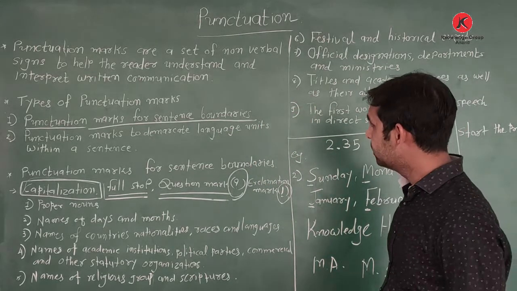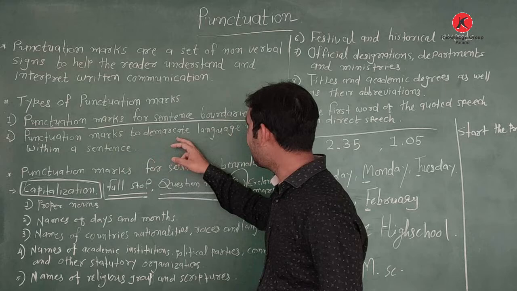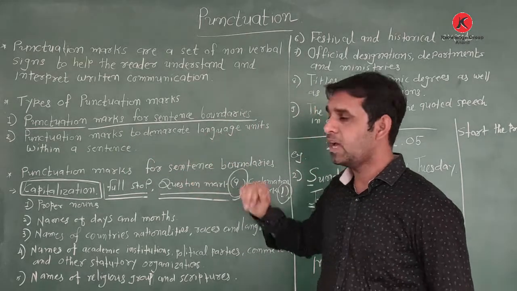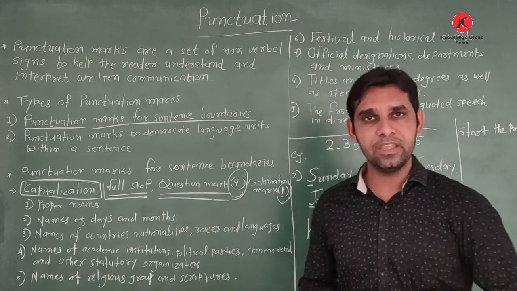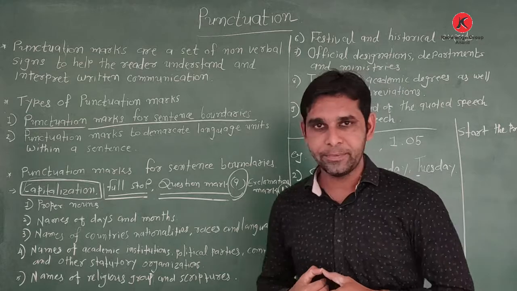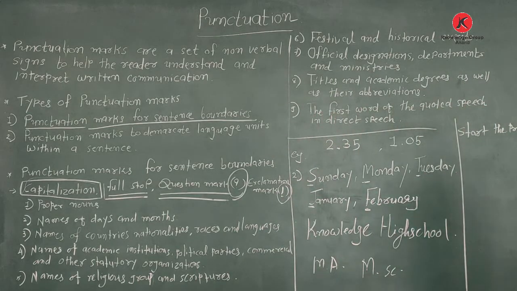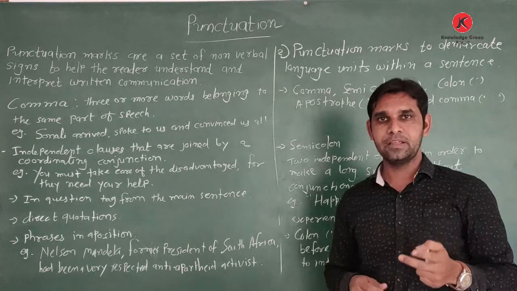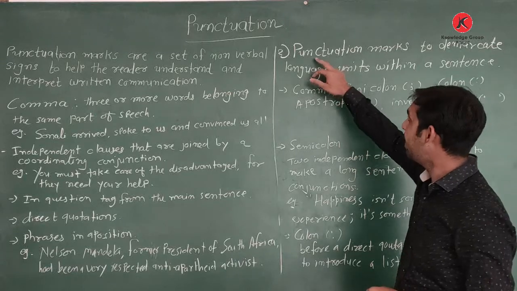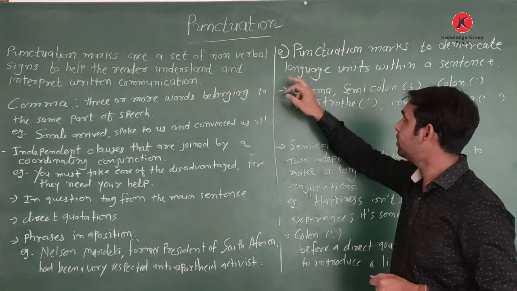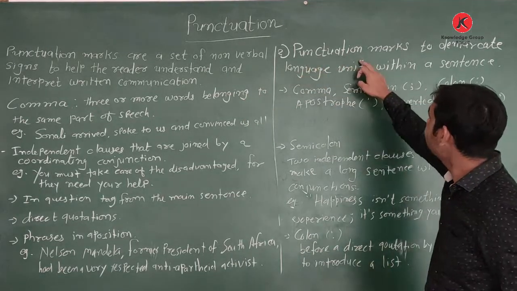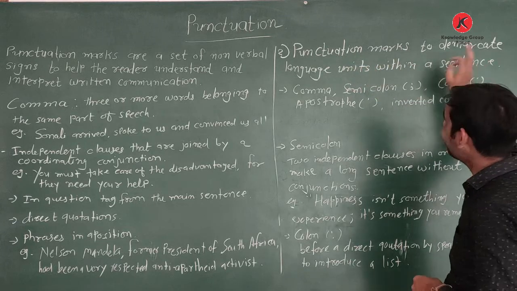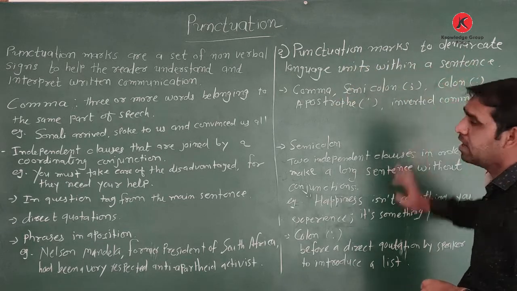Now the second part: punctuation marks to demarcate language units within a sentence. I am going to discuss it with you. What is the name of the second part? Punctuation marks to demarcate language units within a sentence.